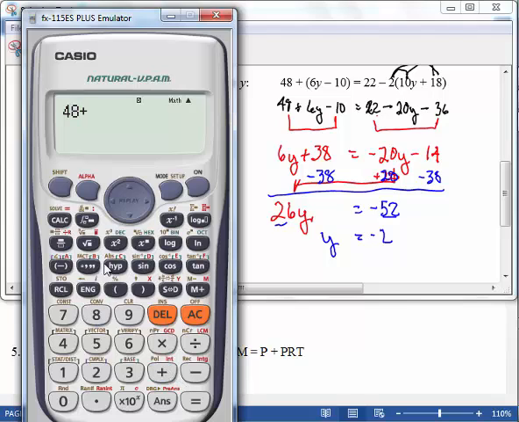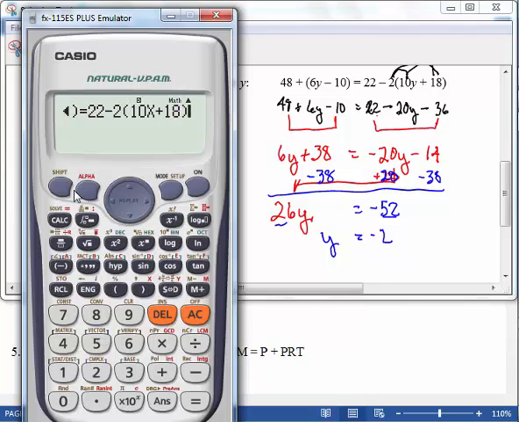48 plus parentheses 6, and I'm going to use x rather than y. I like using x because then I don't have to define my variable. 6 times x minus 10, close parentheses, alpha equals, remember to use the alpha equals key, 22 minus 2 parentheses 10 alpha x plus 18 close parentheses.